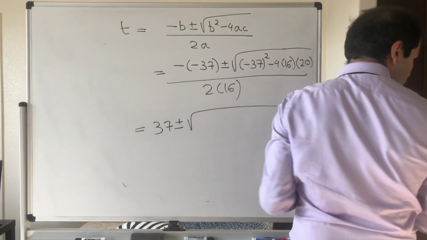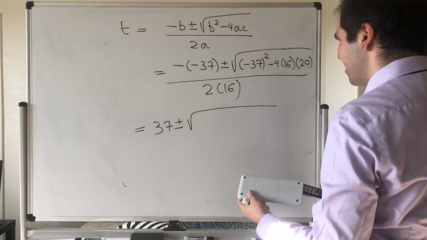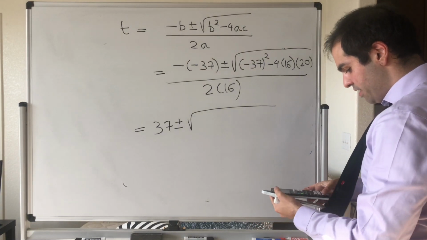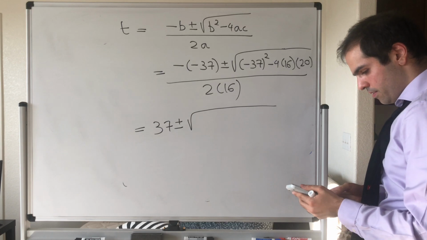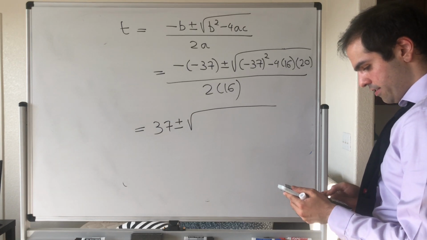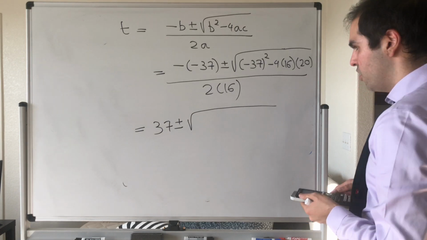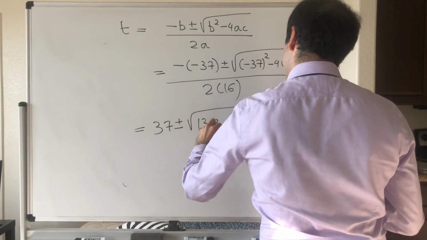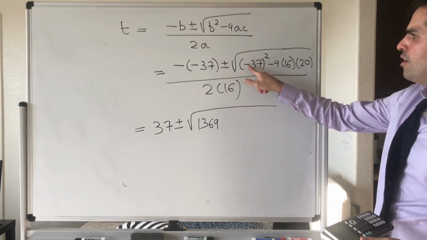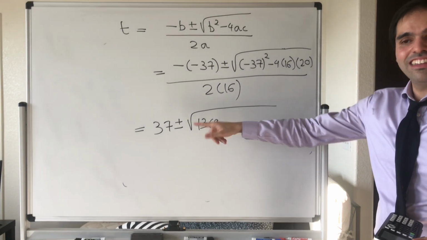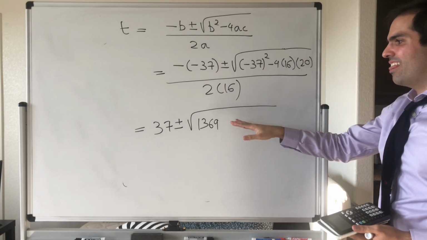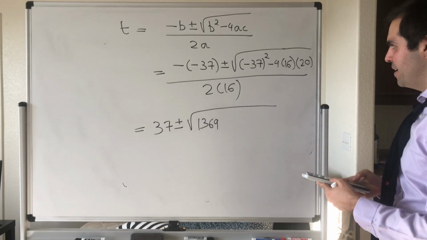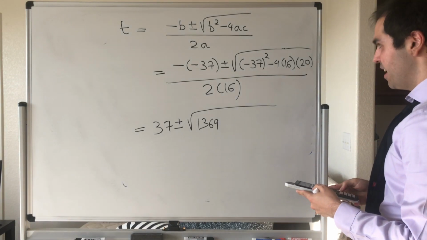And that does give us a little nightmare, but let's see, that becomes 37 plus or minus square root of, and again, let me calculate that. So minus 37 squared becomes 1369. So careful, don't put minus here. It's not the same as minus 1369, so that's a big mistake people do.